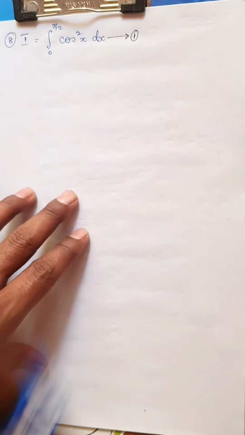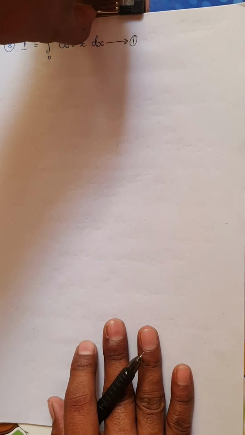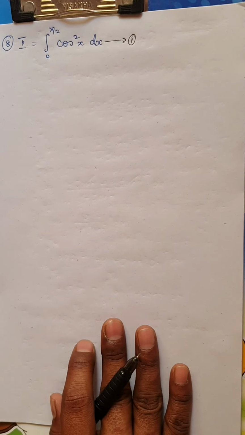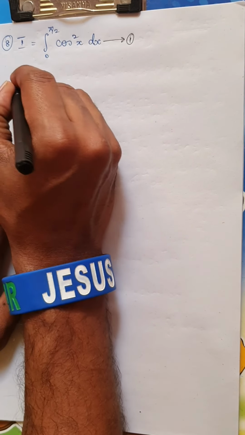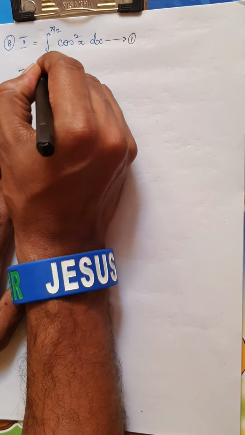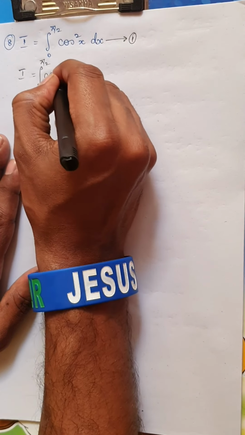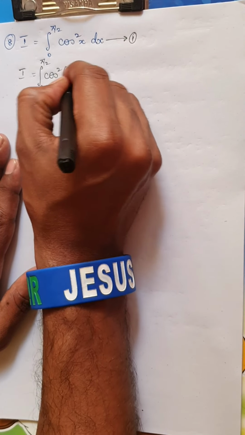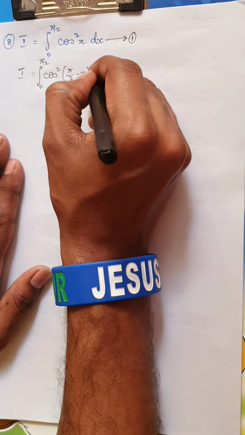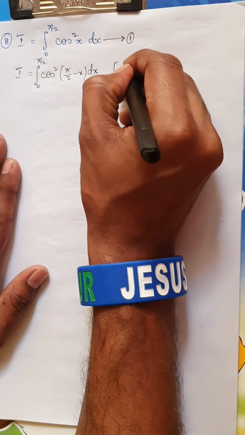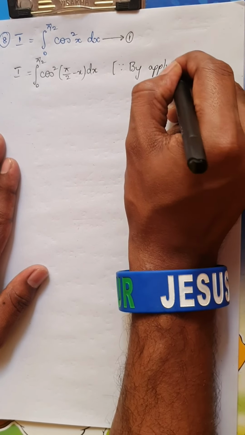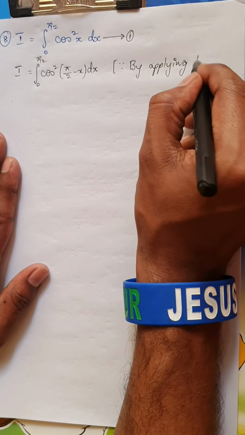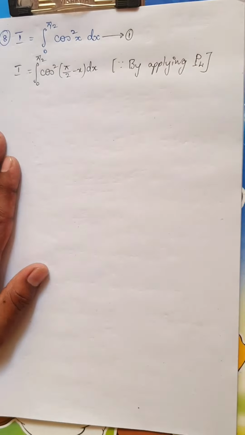Now this is nothing but integral from 0 to pi by 2 cos square x dx. Let me take it as equation 1. So I is nothing but integral from 0 to pi by 2 cos square, remember I am going to use a is replaced by a minus x by applying P4, remember the properties.